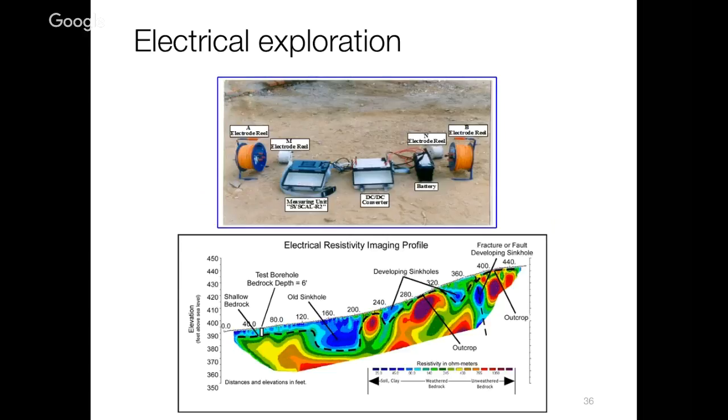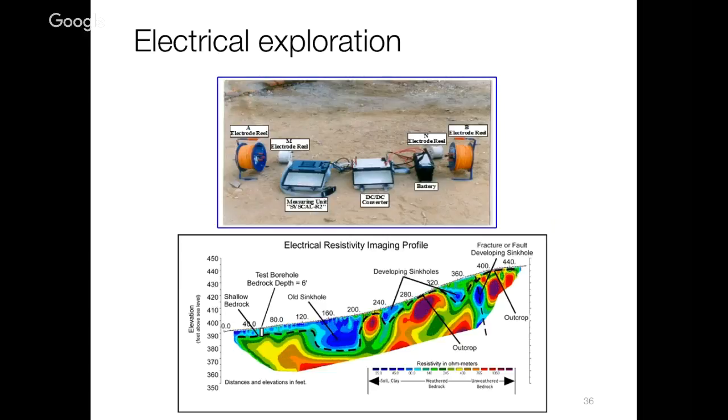It looks something like that. In this case, the blue indicates really low resistivity, so it's conductive, and the red is high resistance. Even without knowing the details, this map is perhaps starting to tell you something geologic.